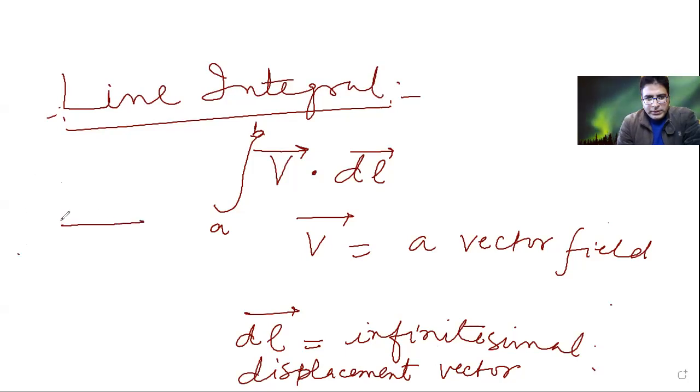For example, if this is space x, y, and z, and in this space there exists this vector field, and we move along some path from A to B.